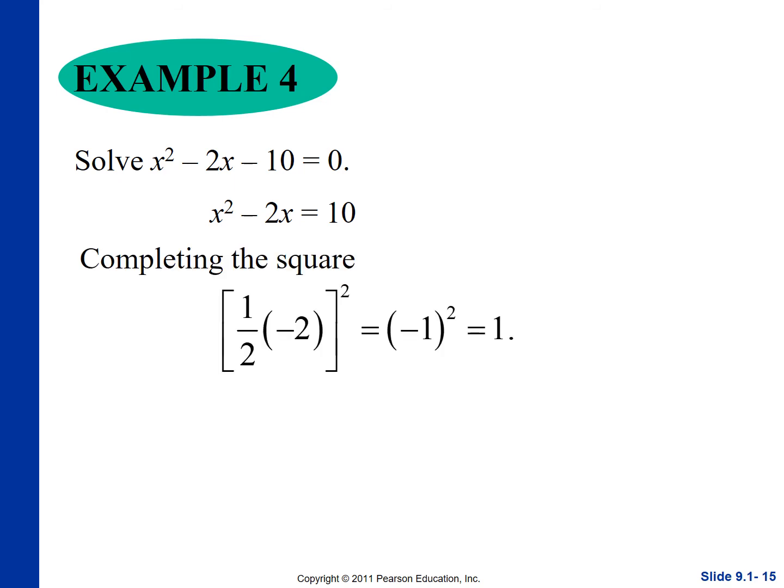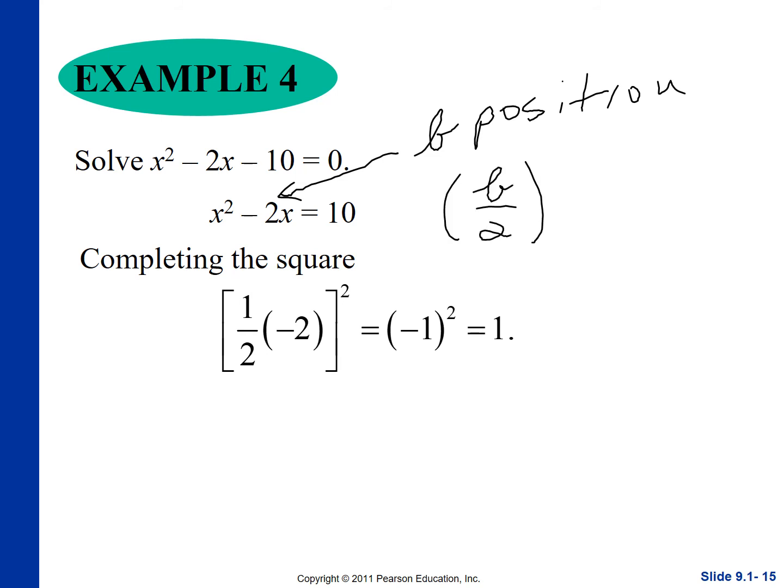The way we do this, we take what is in the B position, right? So no matter what you have in that position, you're going to divide it by 2. So it's B over 2, and we're going to square that. And that's what we have to add to each side of the equation.